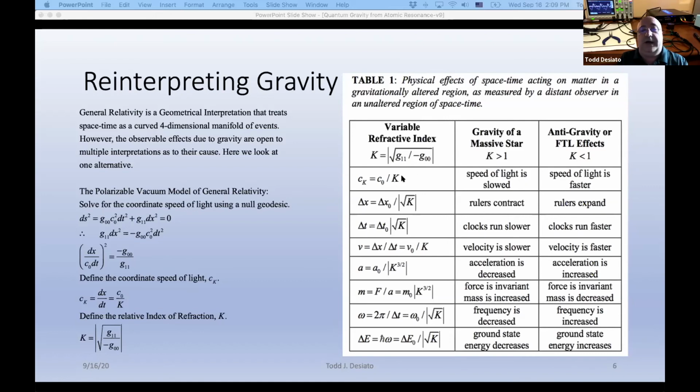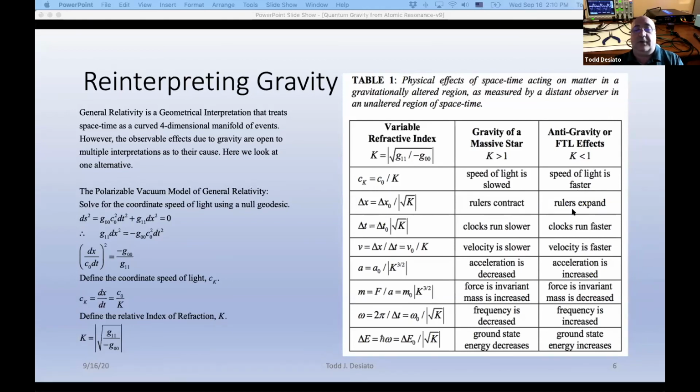When k is greater than 1, the speed of light is slowed down, rulers contract, clocks run slower, velocity is slower, etc. And if k is less than 1, then the speed of light is faster, rulers expand, clocks run faster, and velocities are faster.